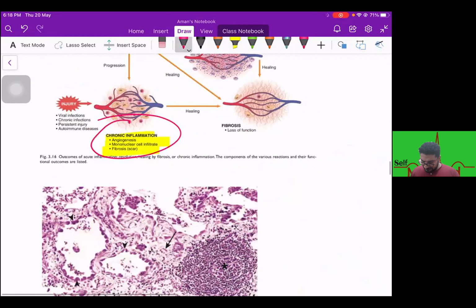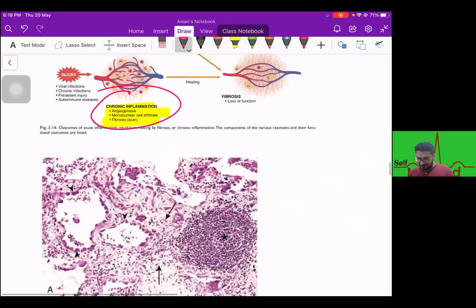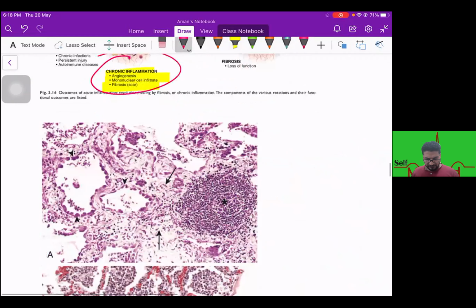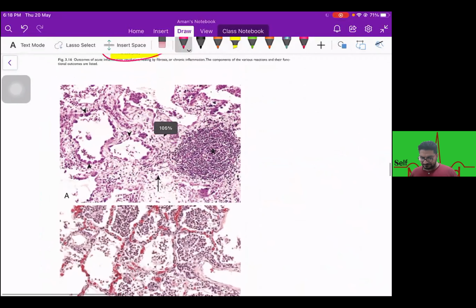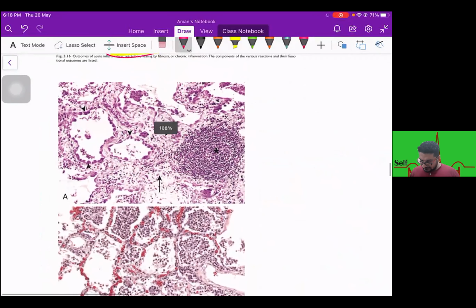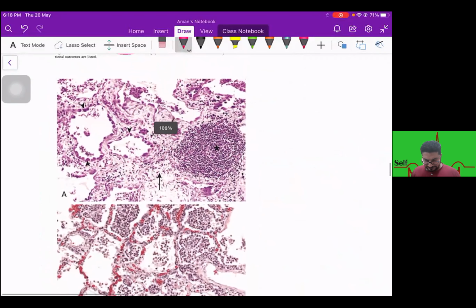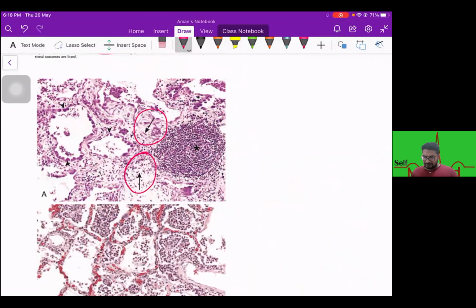Right. So understand this. You can see this is the image where you will see chronic inflammation. Especially in a lung, for example, chronic inflammation can occur due to chronic tuberculosis or any kind of chronic inflammation. Initially you will see a collection of chronic inflammatory cells.